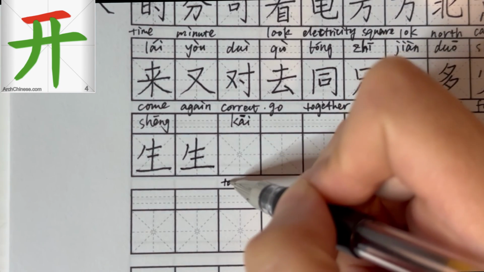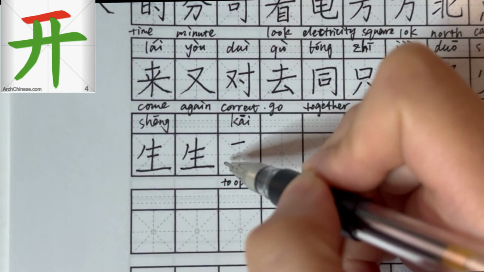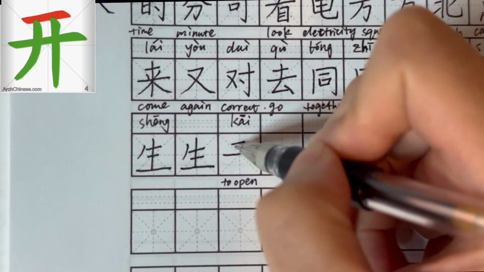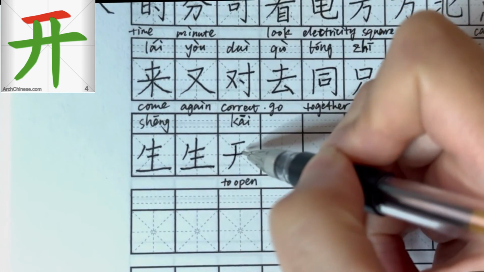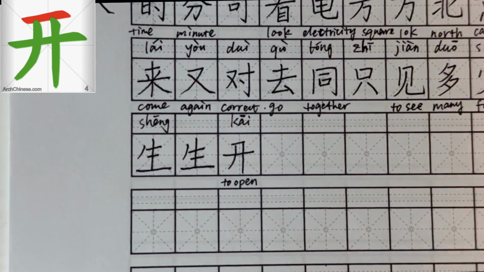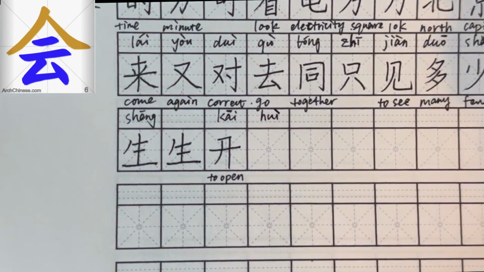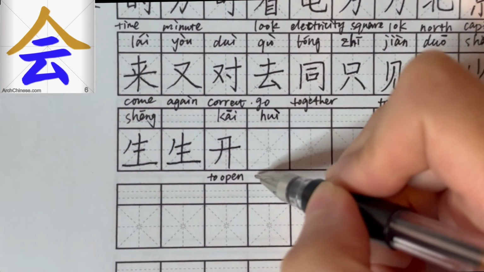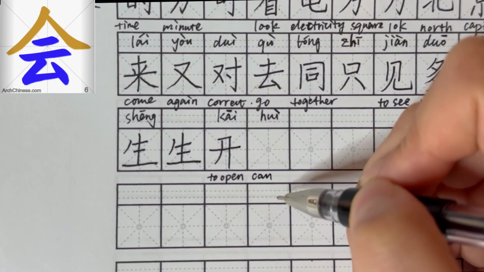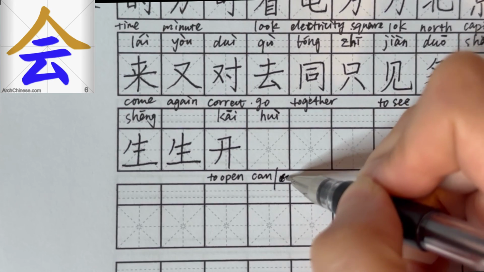to open, 横横撇竖. Last character, 会. Okay, it can mean can, be able to do something, or it can mean conference.